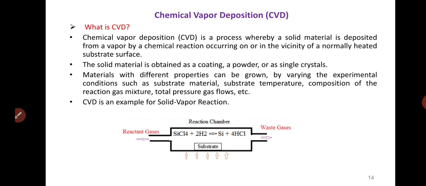So the reaction is given here: SiCl4 plus 2H2 gives Si plus 4HCl. This reaction occurs at the surface of a heated crystal.